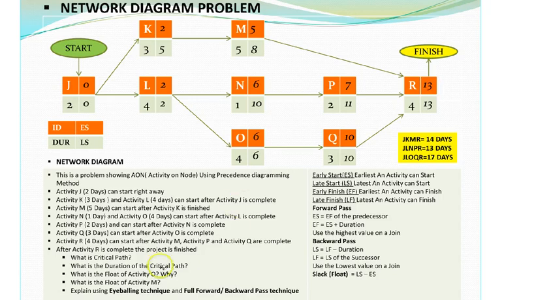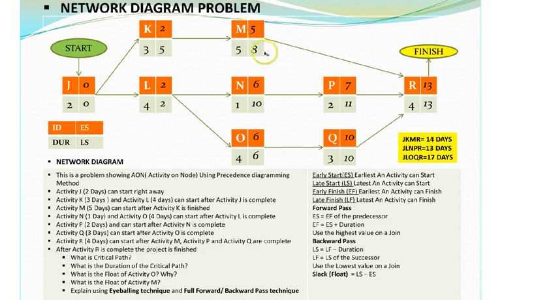Now remember, we had another question. What is the float of activity M, which is this one? Using the eyeballing technique, we found 17 minus 14, which gives us 3, which was the answer for the float. A really fast way, right?